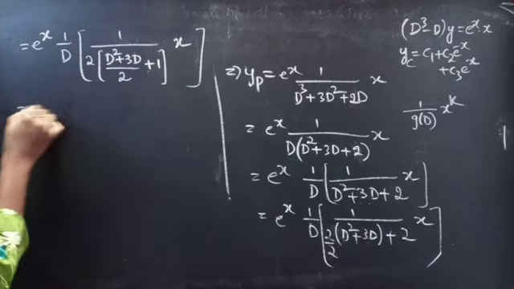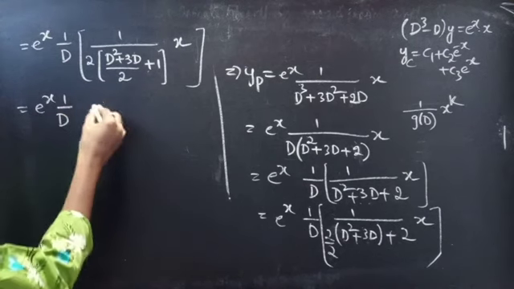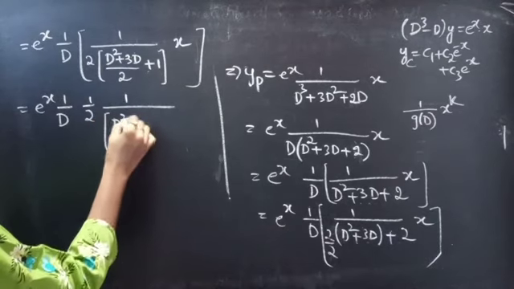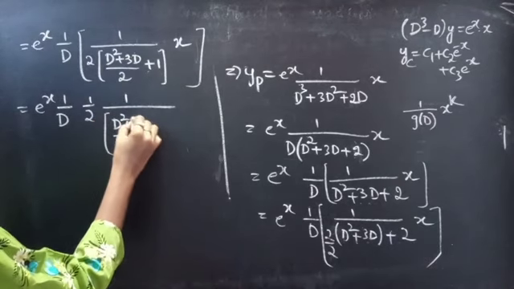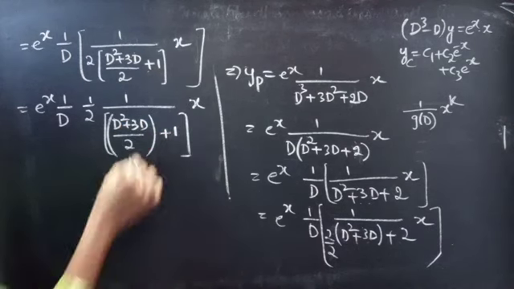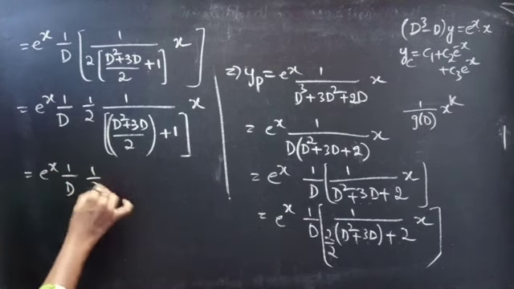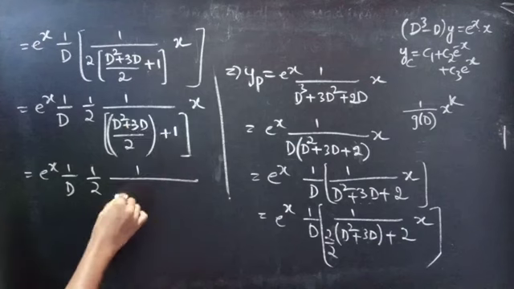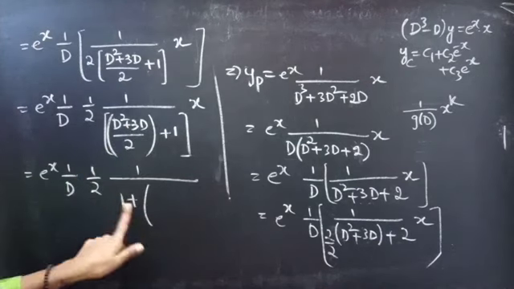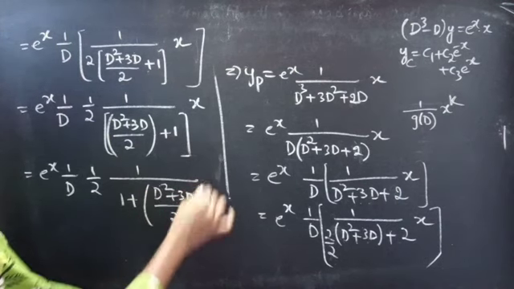Fine. This is equal to e power x into 1 by D into, we can split this fraction as 1 by 2 into 1 by (D square plus 3D by 2 plus 1) into x, which equals e power x into 1 by D into 1 by 2 into, we can write this fraction as 1 by 1 plus (D square plus 3D by 2) into x.